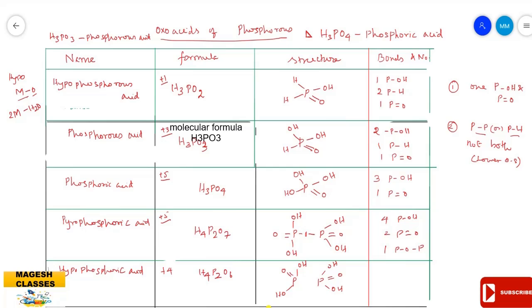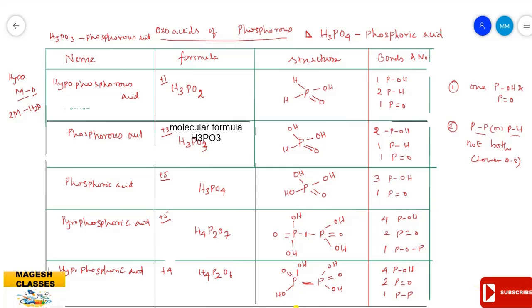Now the bond is this P-P bond. The P-P bond is present only in the oxo acid having lower oxidation state, that is less than 5. Now the number of bonds: 4 P-OH, 2 P=O and 1 P-P bond.